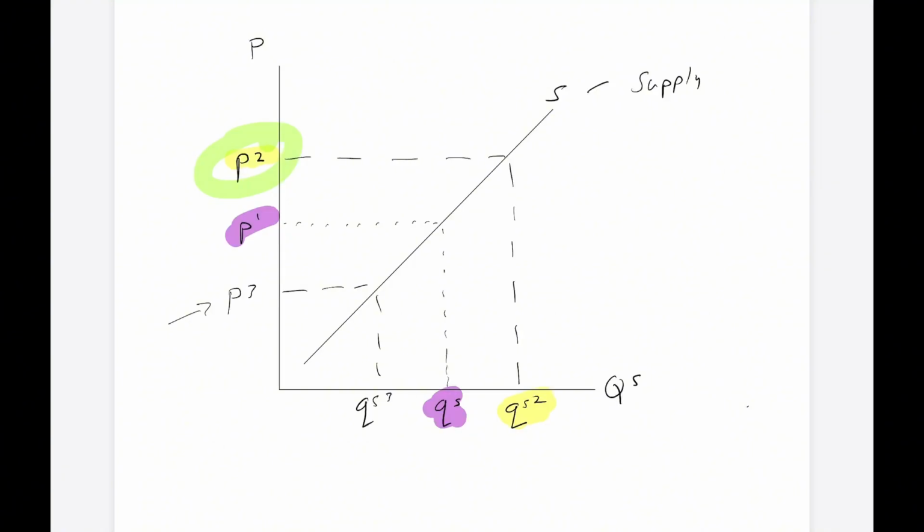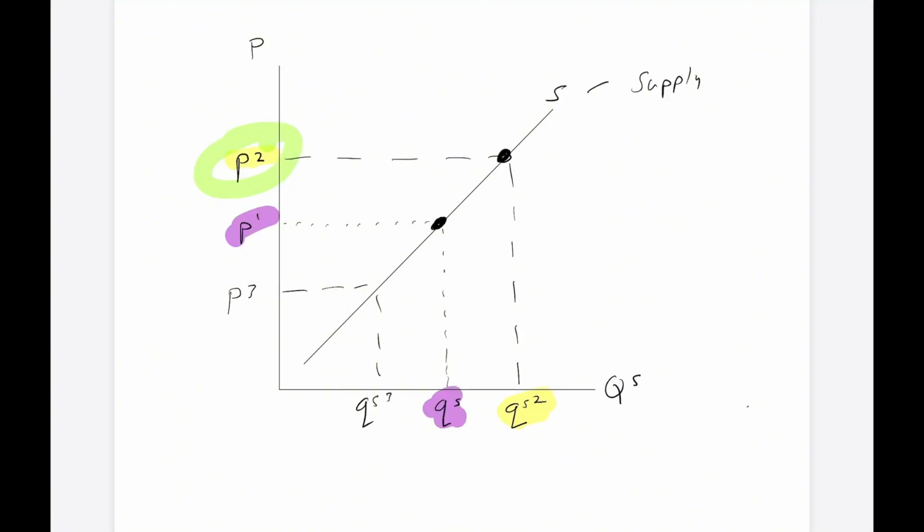Okay, let's have a look at movements along the supply curve now. So if we just go back to a situation where we have P1 QS, our original situation. So here on the supply curve is where we are at P1 QS, and let's say the price has increased to P2. So now on the supply curve at P2 QS2, we are here.